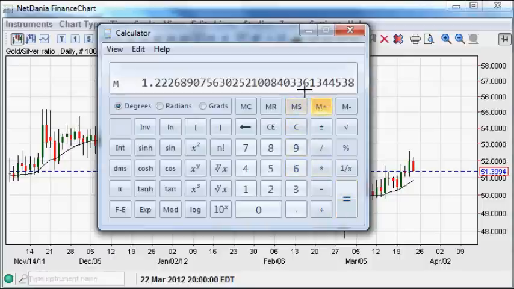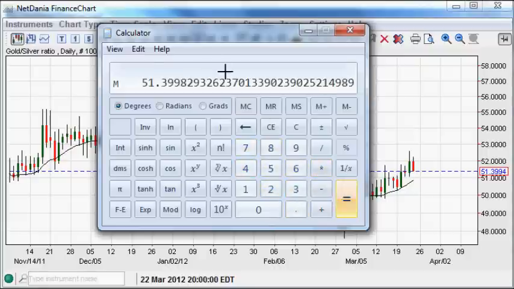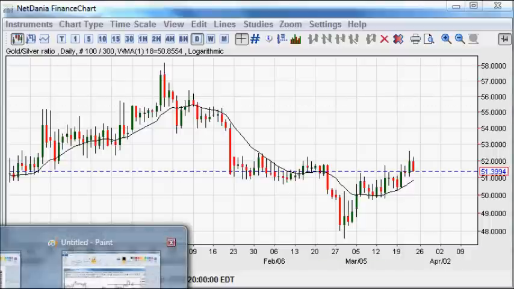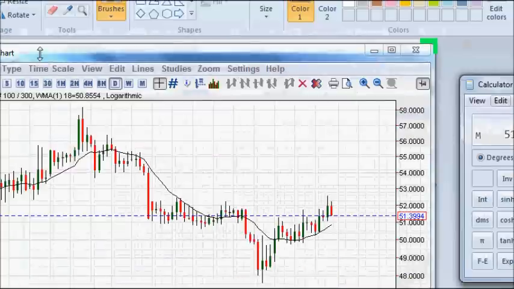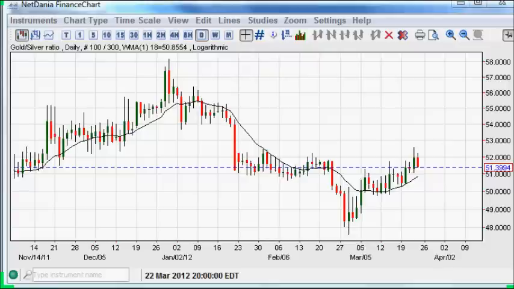Put it in the memory bank again, and we'll put this to the power of 38.2%, then multiply the low of 47.60, which gives us a price objective of 51.40. Again, we'll push the print screen button and put it into MS Paint, and there we go. So now we got 51.40. That's the level we got to look for.